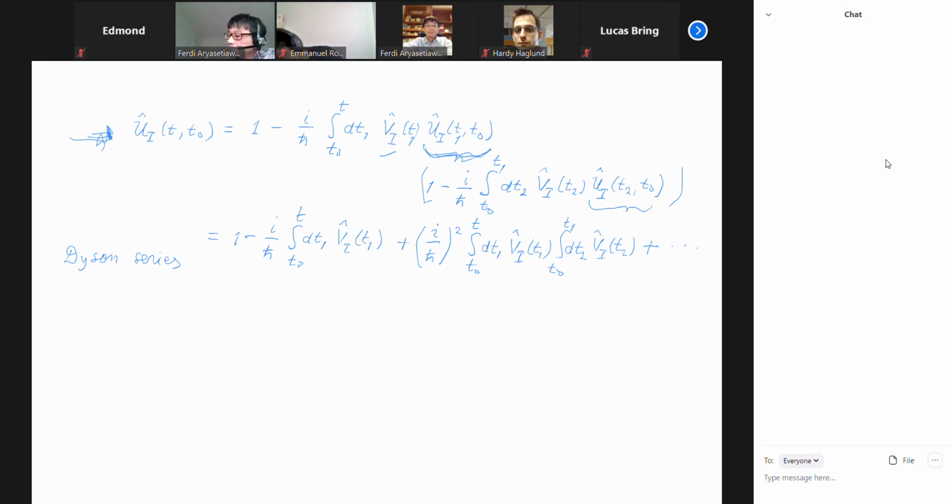So we look at the second order. We have V_I(t1), then we have V_I(t2), and we can write it as an integral from t0 to t for both variables, t1 and t2.